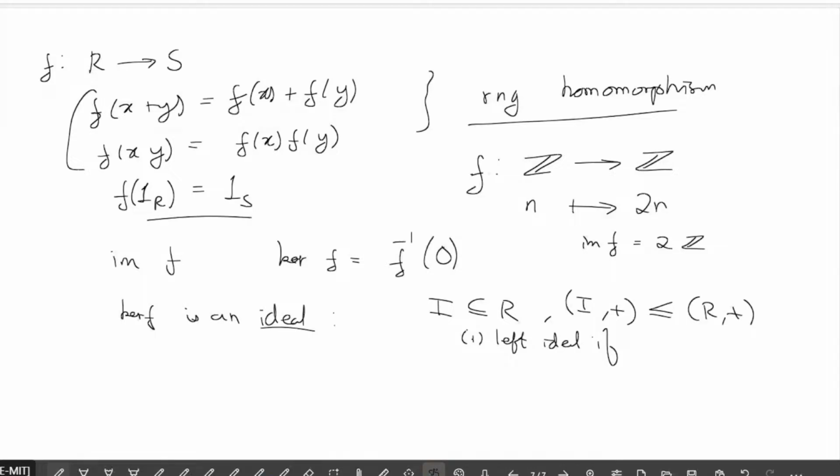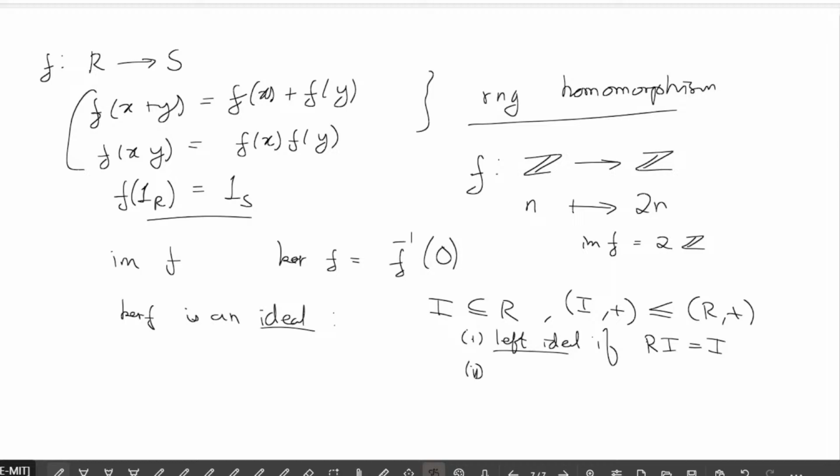Then it's a left ideal if R times I is contained in I for all r in R, where the product uses the ring's multiplication operation. Okay, fine. Alright. RI is equal to I.